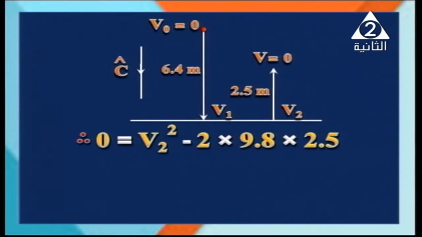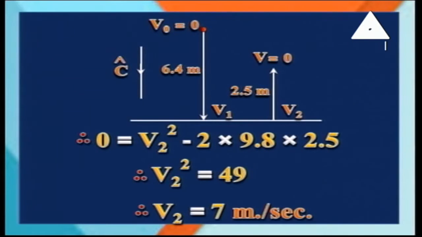Therefore, by using a calculator, we calculate V2 squared equals 49, then V equals 7. V2 equals 7 meter per second. This is the velocity of the pole after impact with the ground.